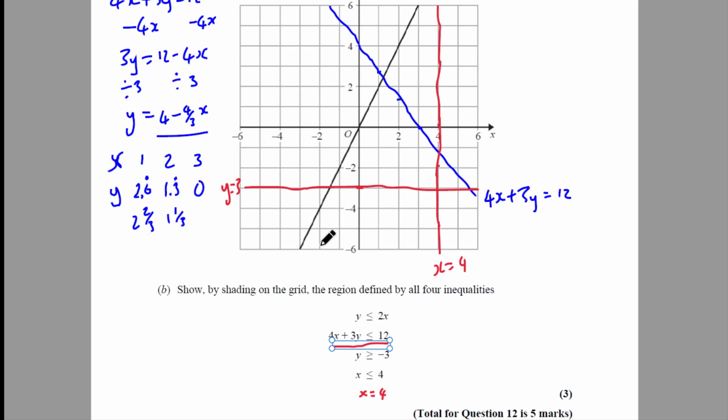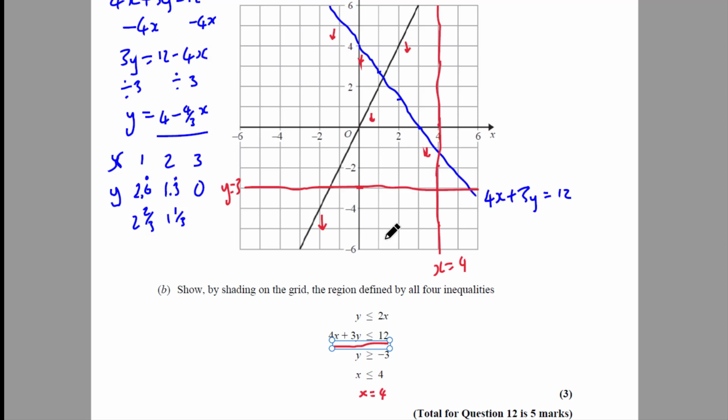Now it's got to fit all these inequalities, so when is y less than 2x, so this is down here, it's this way, that's all less than 2x. 4x plus 3y is less than 12, so when it's less than, it's got to be downwards from the y, but it's got to fulfill this, so it's in between here, it's in this range here.